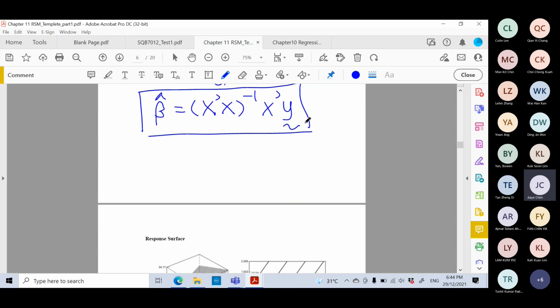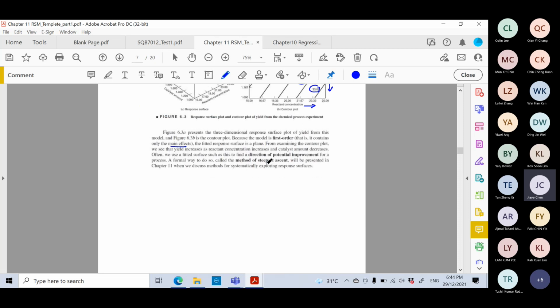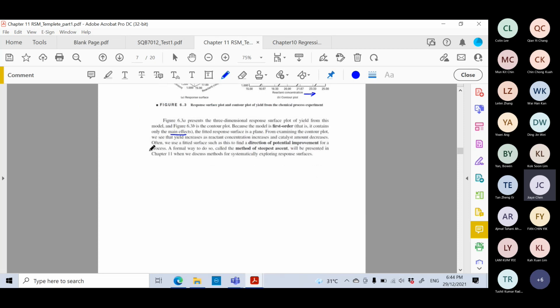Okay. Then after that, because this is a linear line, before I go to the next page, we can also fit a regression model with interaction.